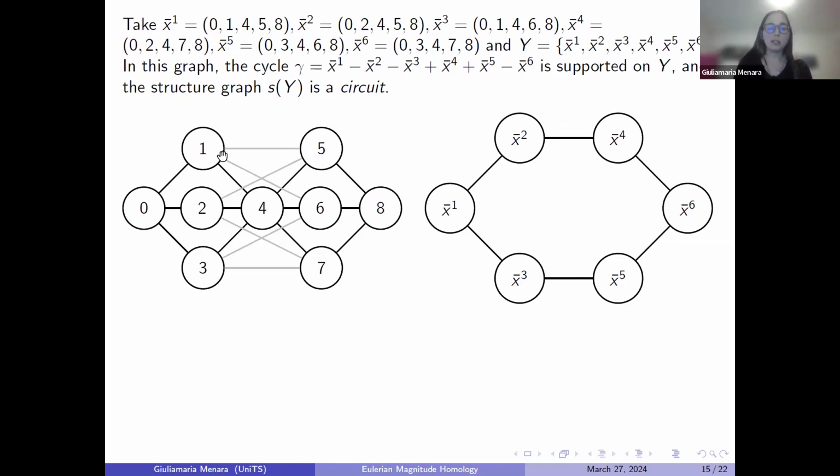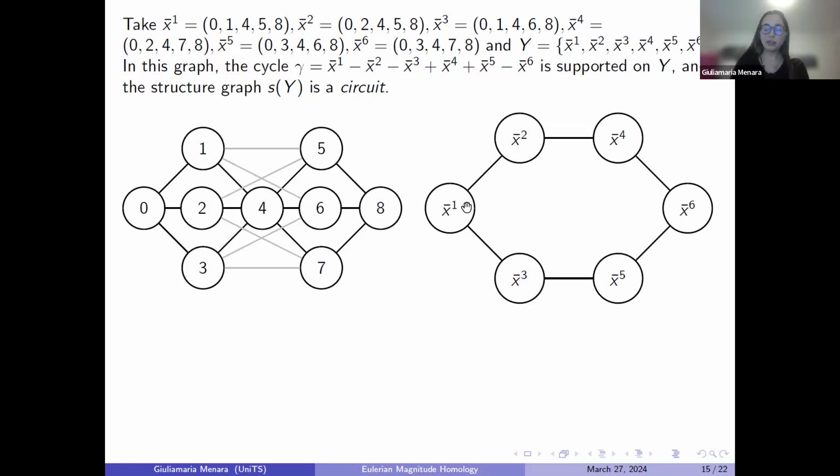So for example, let's say this is our graph, and we start with the tuple x1, 0, 1, 4, 5, 8. Now, if we change only the second entry, 0, 2, 4, 5, 8, then we're able to draw this edge. And if we do something similar and do 0, 1, 4, 6, 8, then we're able to draw this edge. And we go on and on.